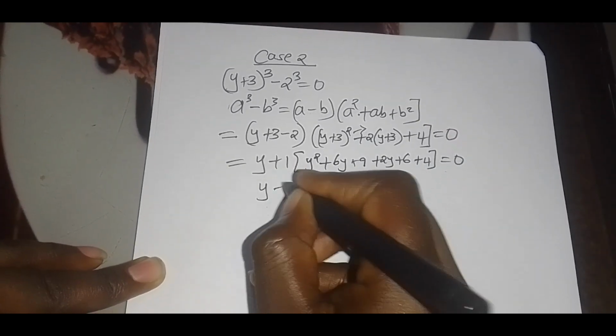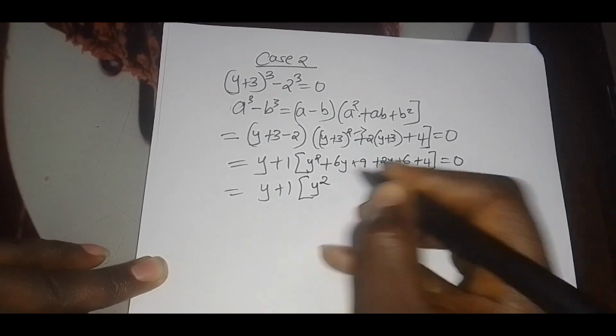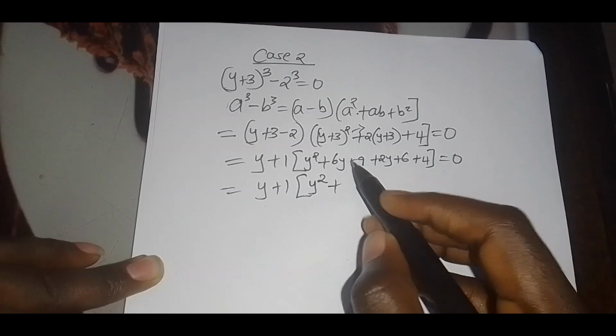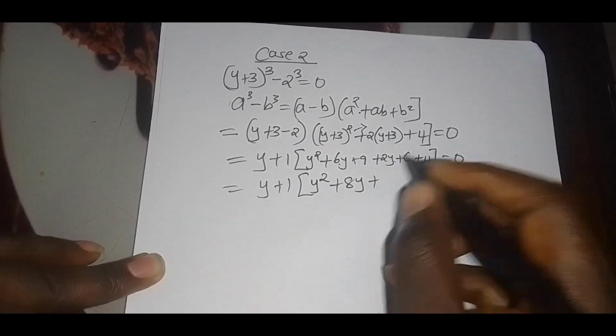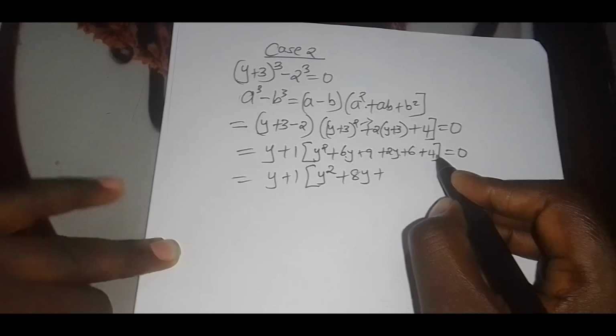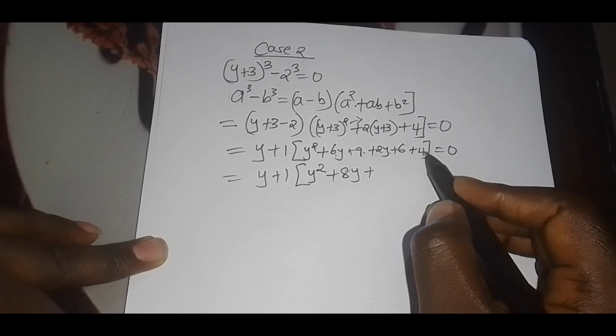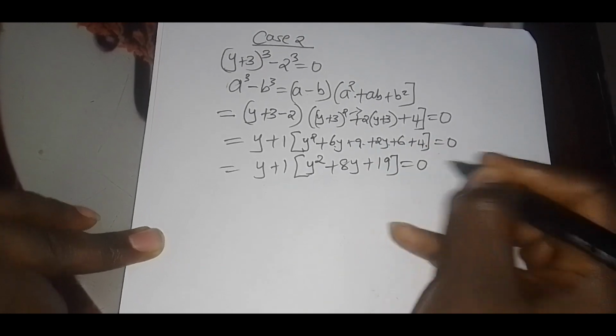So we'll have (y + 1)(y squared + 6y + 2y, this is 8y, + 9 + 4 + 6, which is equal to 19) = 0.